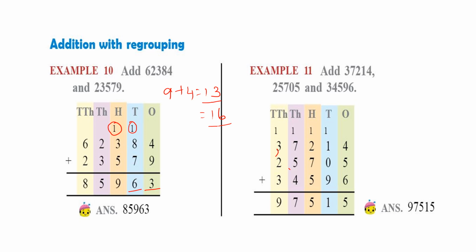Ones, tens, hundreds, thousands and 10,000. And write the numbers one below the other in its proper digits place. First we will add ones place. 6 plus 5 is 11. 11 plus 4 is 15. Yes? We write only 5 in ones place and take 1 as carry over to tens place.